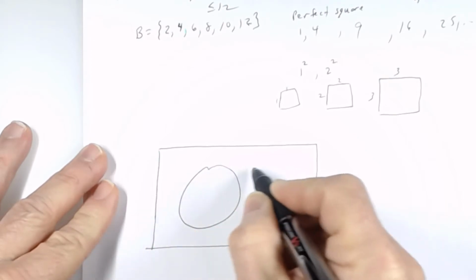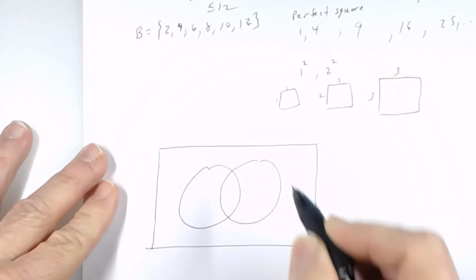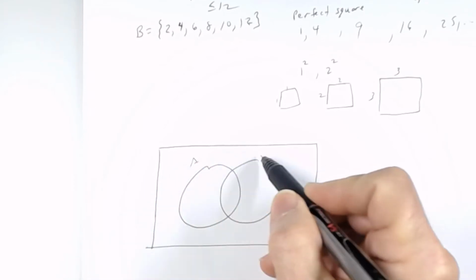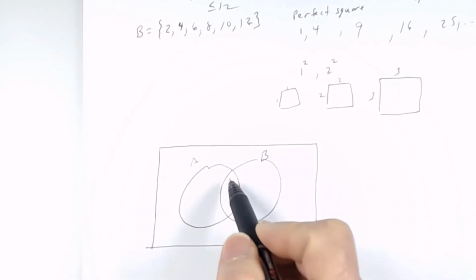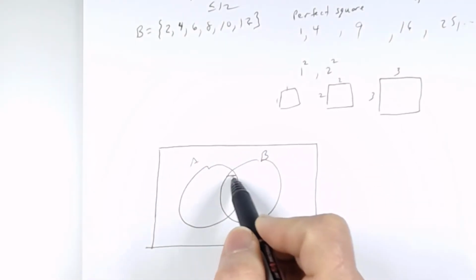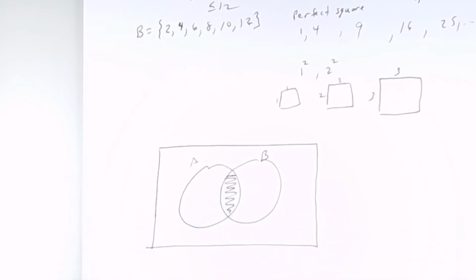So I have these two sets, set A and set B. This right here that I'm shading in, what do you think that means? If I had anything in there, what would that mean? Be a little more specific. Yes. Element for both sets. Say it again. Element for both.